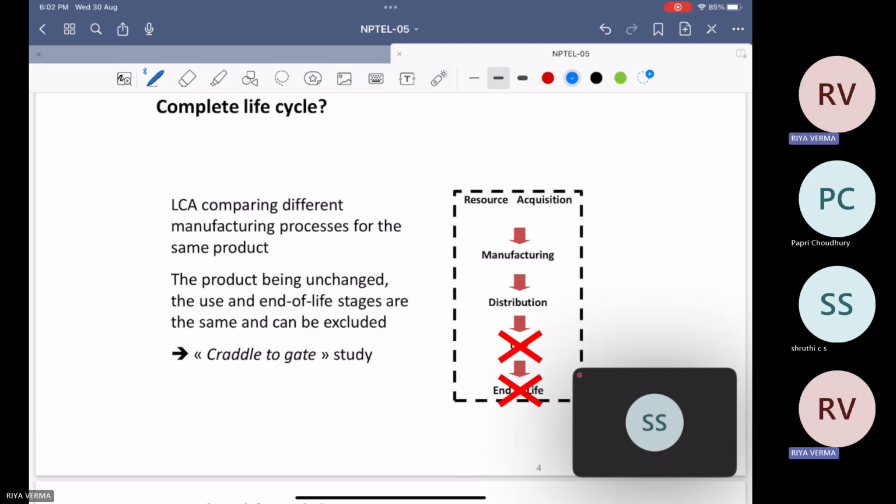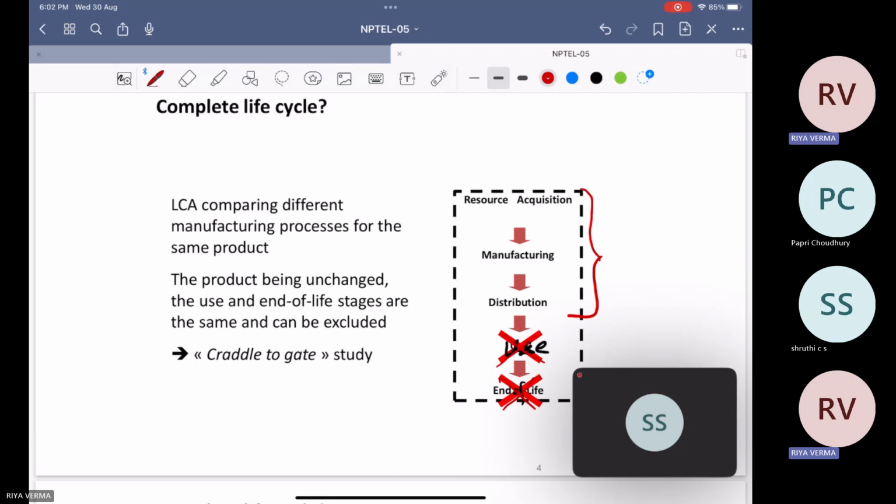So we would exclude the use phase and the end of life phase. What we are concerned with here is your resource acquisition, that is the raw material extraction phase, then your manufacturing and distribution phase.